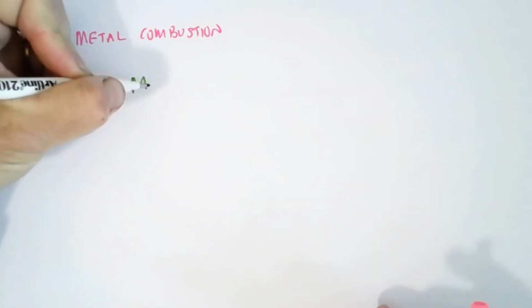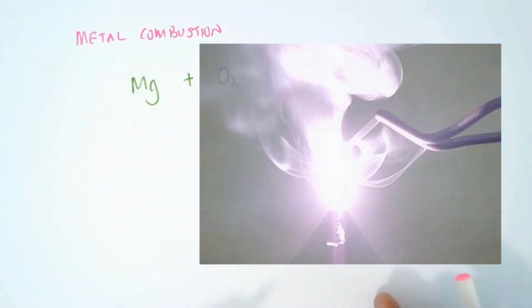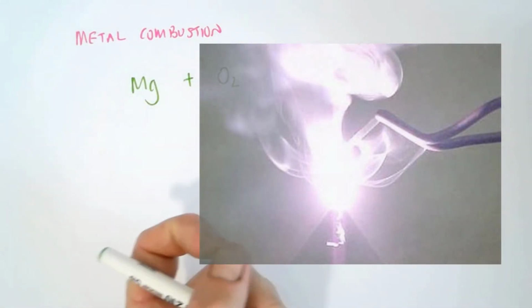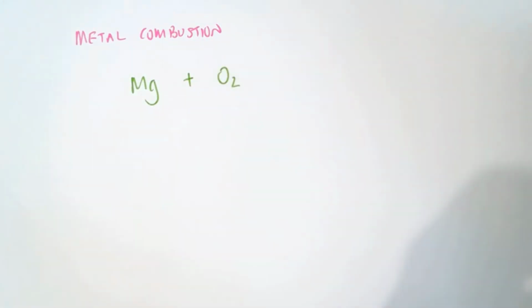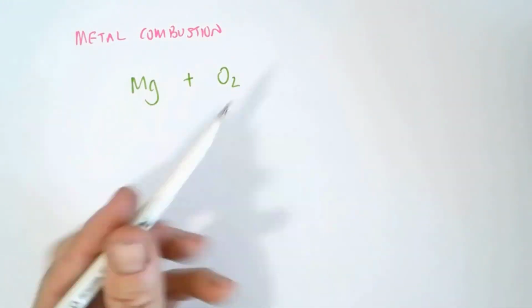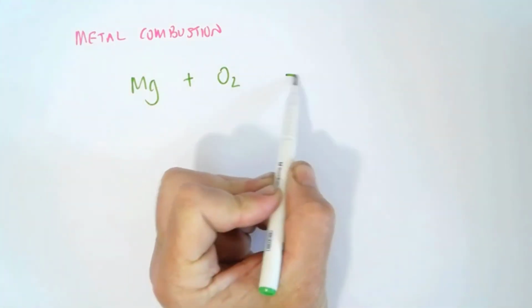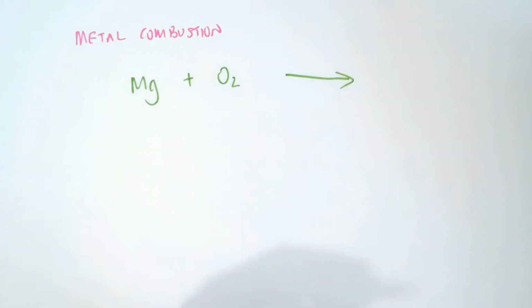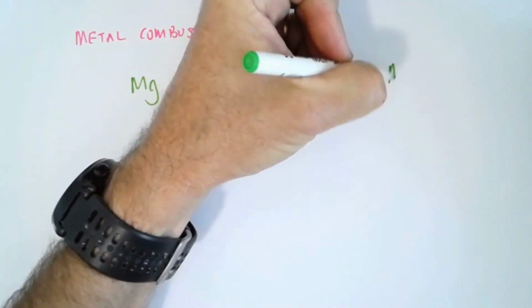The combustion of a metal, if for example we have magnesium ribbon and that is burnt in a flame, we put it under that Bunsen burner first of all to get it started, and then it's a very bright, very strong light reaction occurring, so it's exothermic. What we're left with is magnesium oxide.